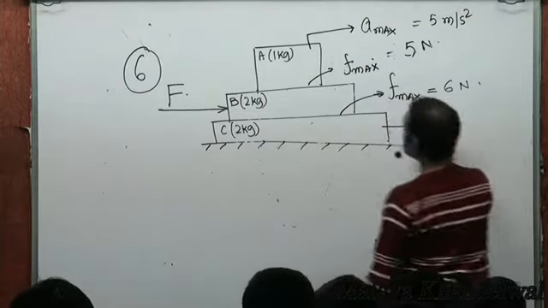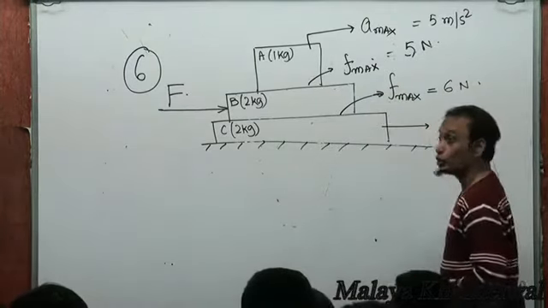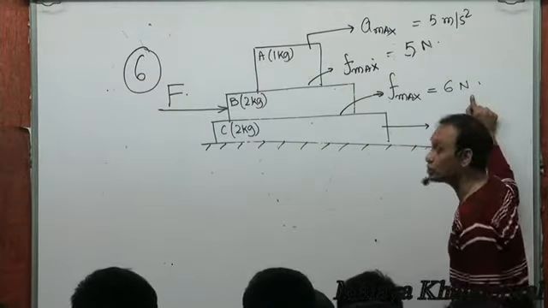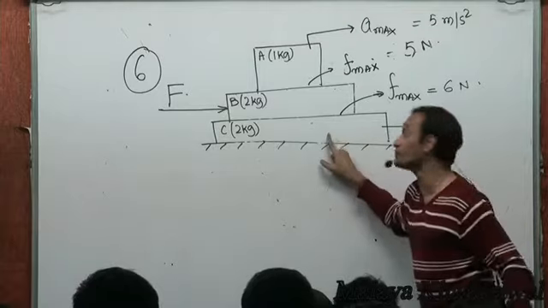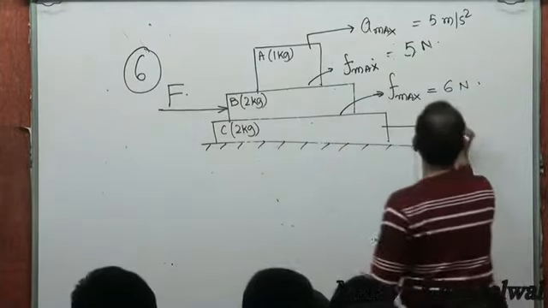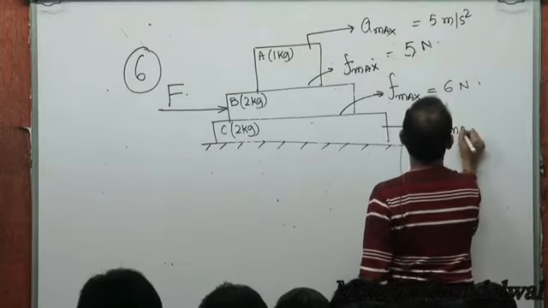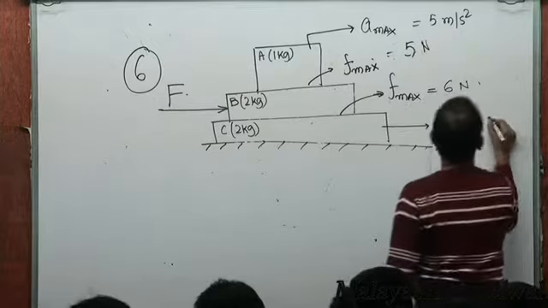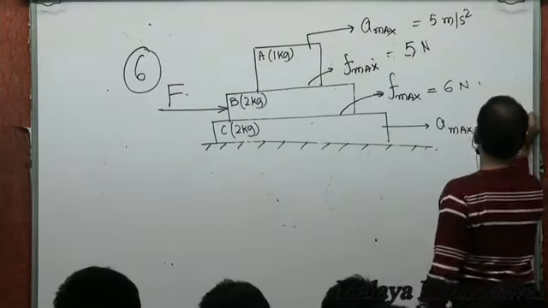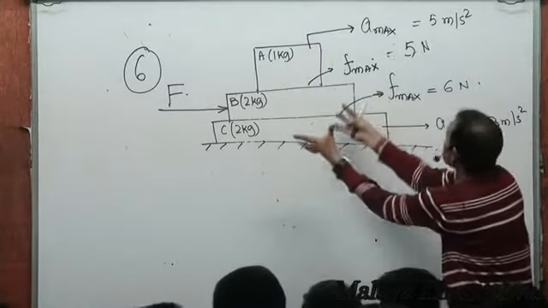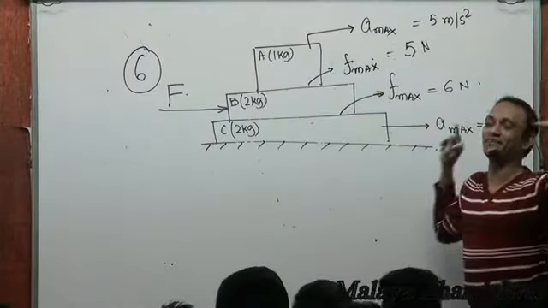Now, C is driven by friction alone. The maximum frictional force that B can exert on C is rightward 6 newtons. So that tells me the story of the maximum acceleration of C, which would be 6 by 2, which is 3 meters per second squared. Now, which means the maximum common acceleration of A, B and C is going to be 3 meters per second squared.